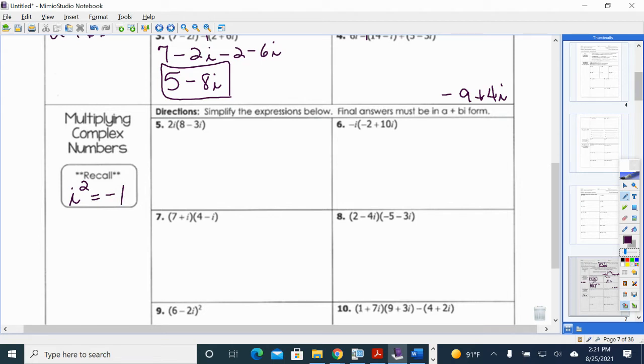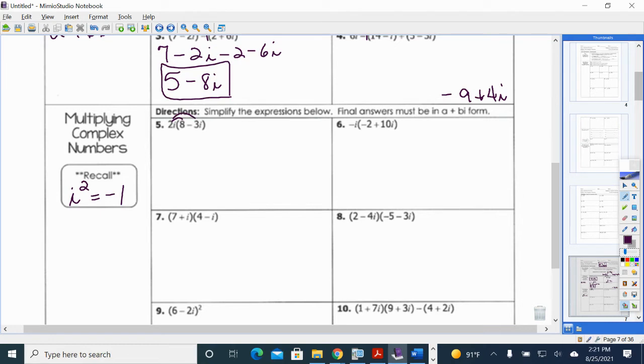Again, when you're doing this by hand, you have to remember that i squared is equal to negative 1. Yes, you can do this in the graphing calculator. However, I would like for you guys to try multiplication by hand. I have seen sample questions on the EOC where these have ended up on the non-calculator portion. So again, we just want to try to do this by hand.